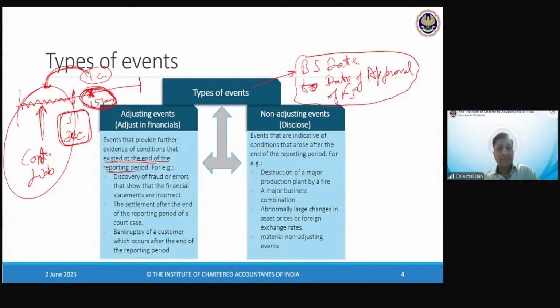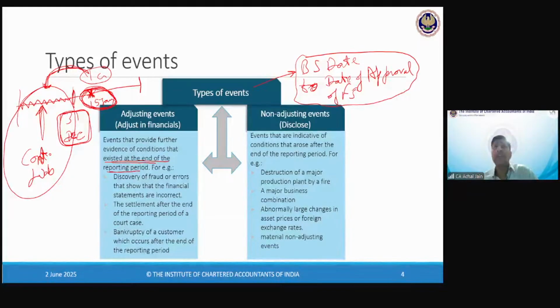Clear? Okay. So that matter against which the court case has been filed, of course, that can also be an evidence of the conditions. So it is not that the company has to get into a litigation. Maybe the company only was thinking about whether to get into a litigation or not. And maybe the litigation started after the balance sheet date and the outcome also came after the balance sheet date.